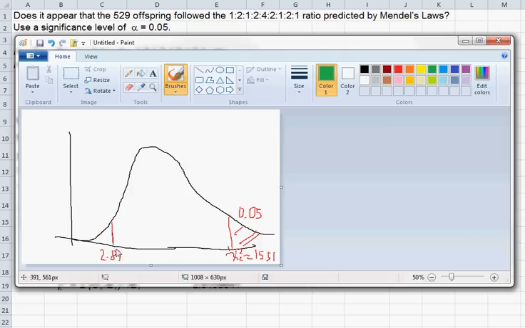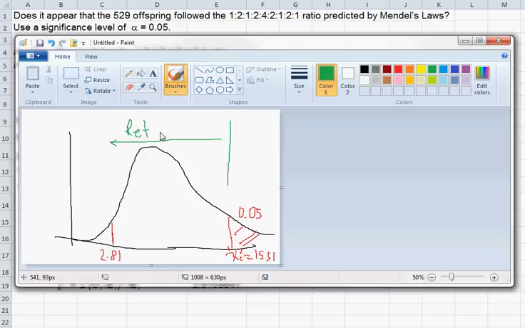Whatever it is. In fact, if this number was anywhere to the left of 15.51, so if I were here, say, the area to the right of where the cursor is right now has to be bigger than 5%. So that means that if I'm over here anywhere, I will choose to retain the null hypothesis.